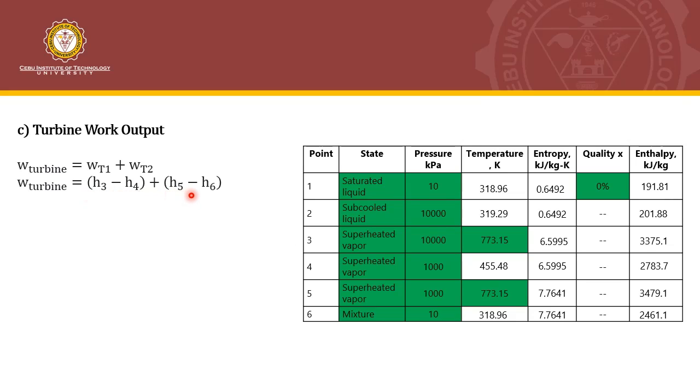For the low pressure turbine, it is h5 minus h6, the difference of the enthalpies at the inlet and the outlet of the low pressure turbine. If you look at the table, the values of h3, h4, h5, and h6 are available. You just have to input the values, so you can compute the turbine work output. So that is 1,609.4 kilojoules per kilogram.